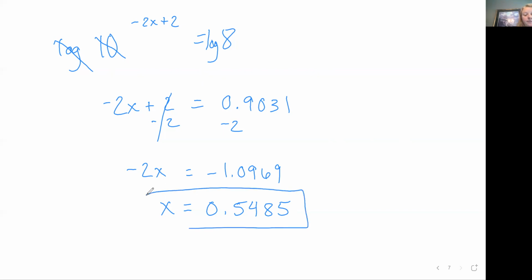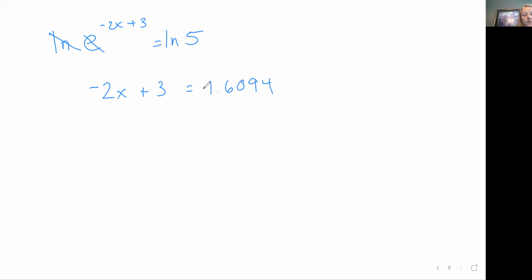And that's it. You can do the same thing with an e. Instead of taking the log of both sides, you'll take the ln of both sides, because ln and an e will cancel each other. So if I take the ln of one side, I have to take the ln of the other. And then ln of 5 is 1.6094.